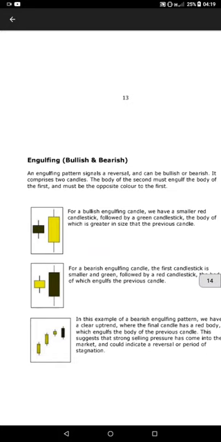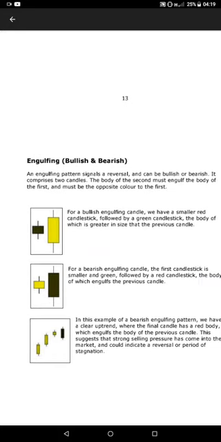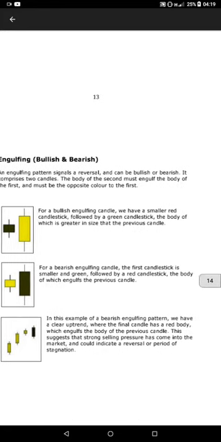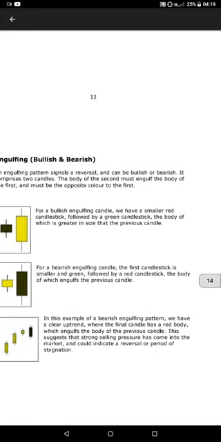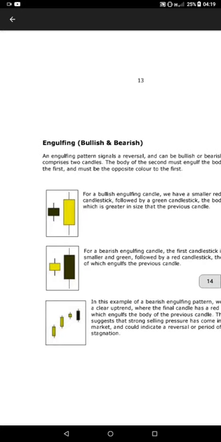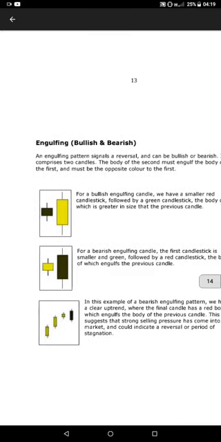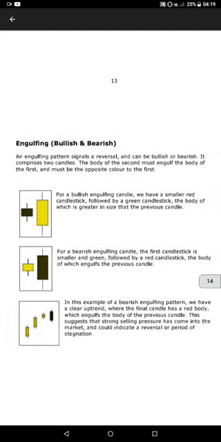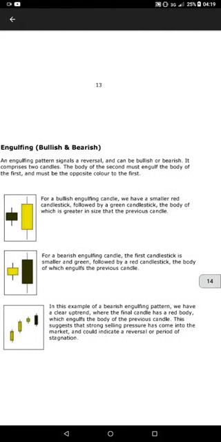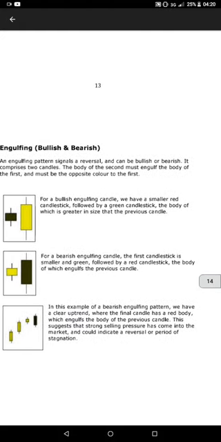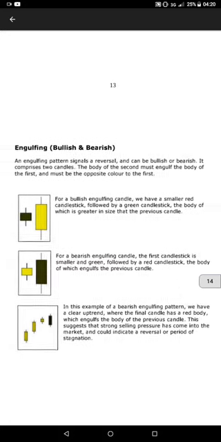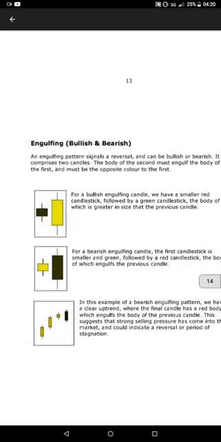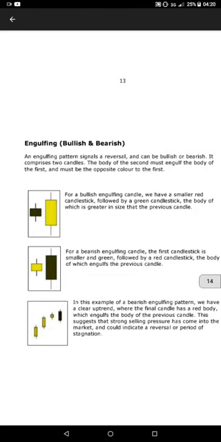Engulfing, bullish and bearish. An engulfing pattern signals a reversal and can be bullish or bearish. It comprises two candles. The body of the second must engulf the body of the first and must be the opposite color to the first.